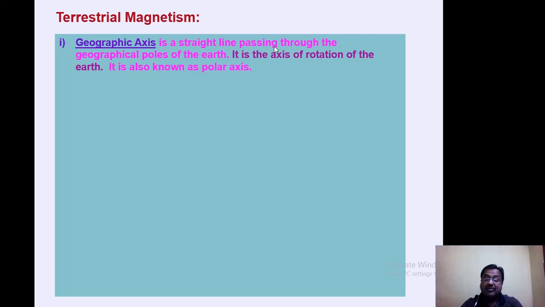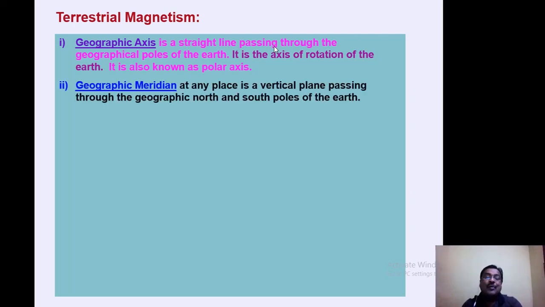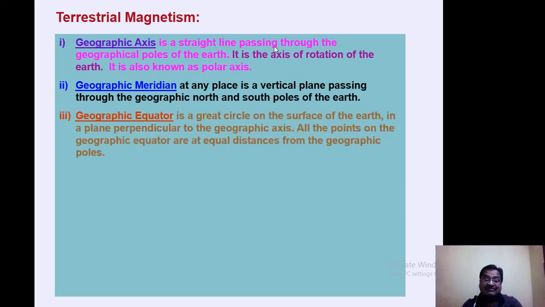Now what is geographic axis? Geographic axis is nothing but a straight line passing through the geographic poles of earth. It is the axis of rotation of the earth and it is also called polar axis. Now what is geographic meridian?